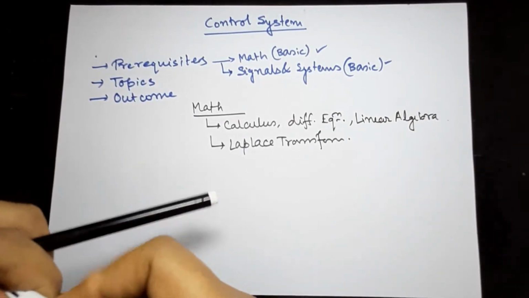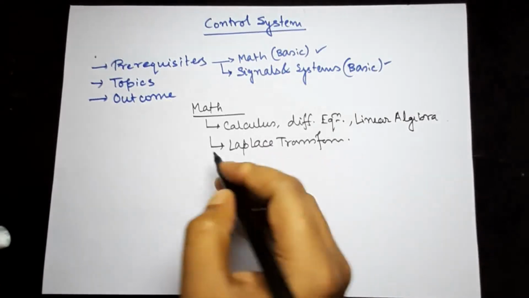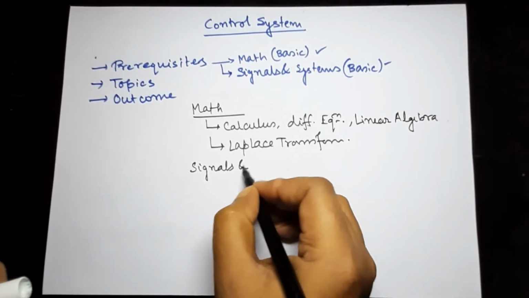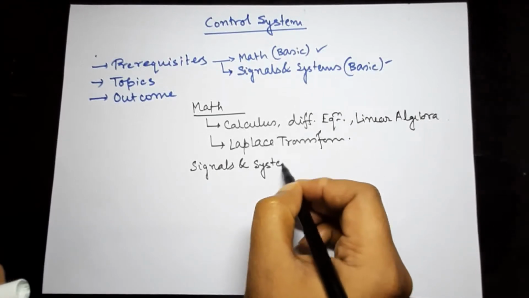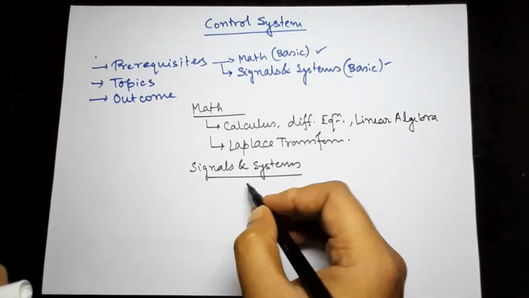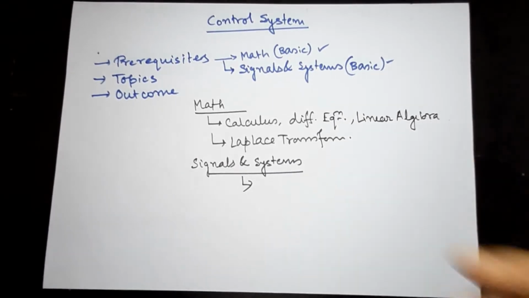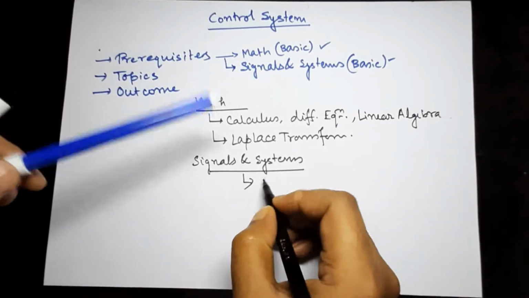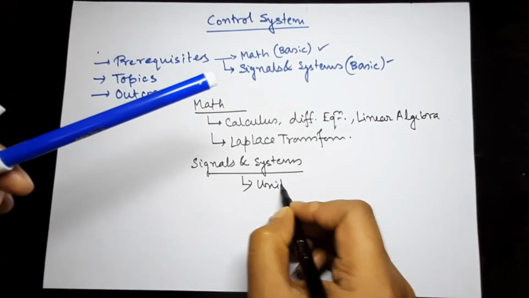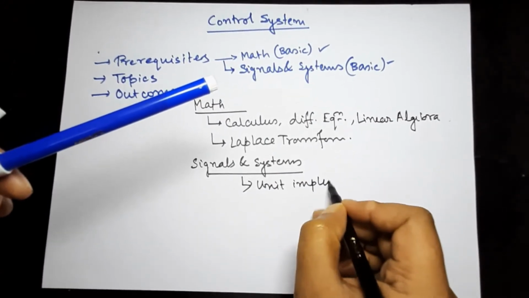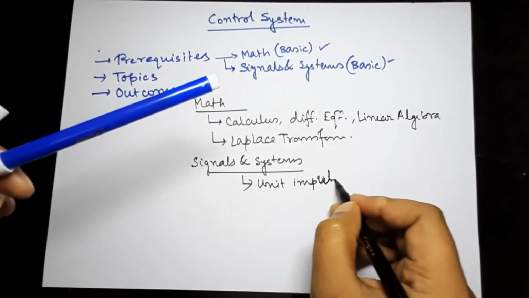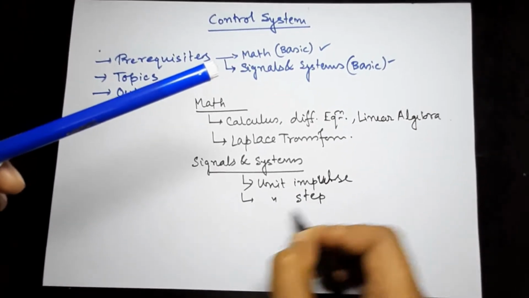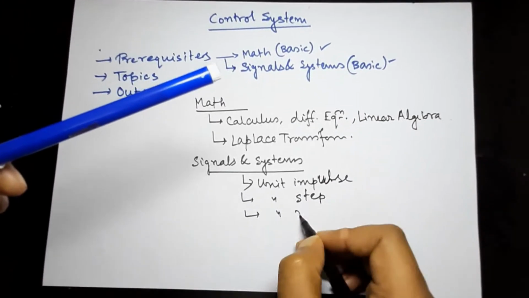Apart from math, a basic knowledge of signals and systems will help you. Basic knowledge means the very basic three kinds of signals, that is unit impulse, sorry, unit step, and unit ramp.